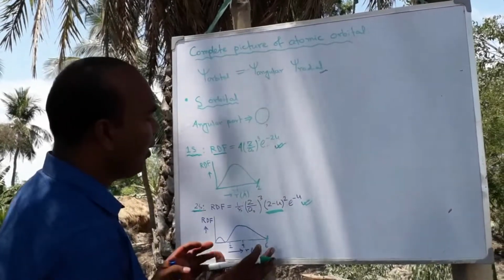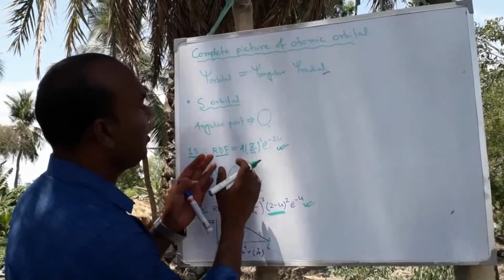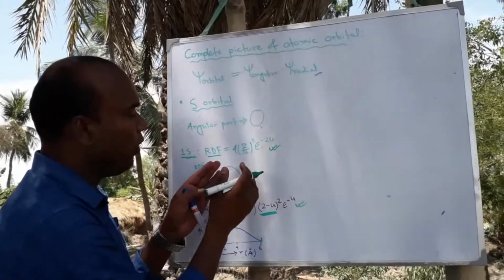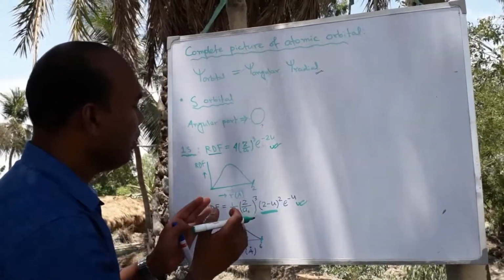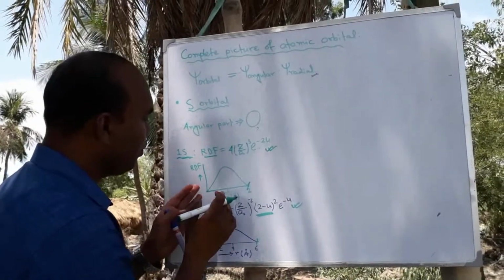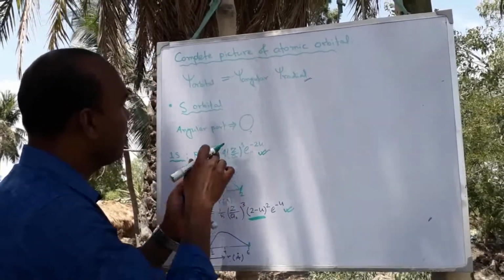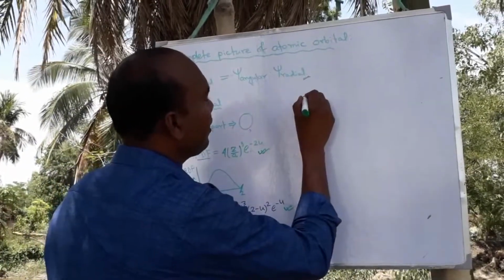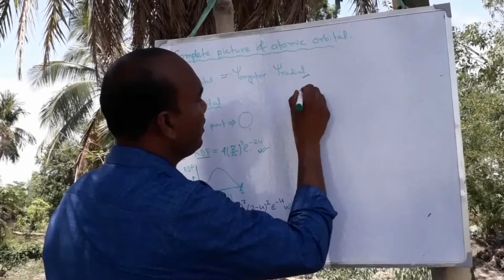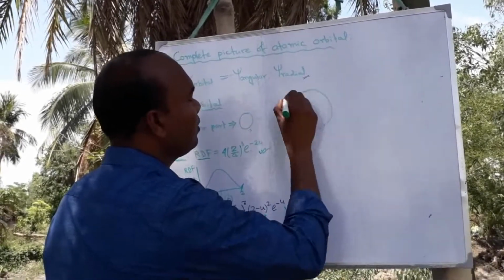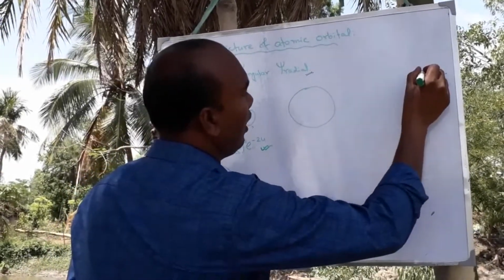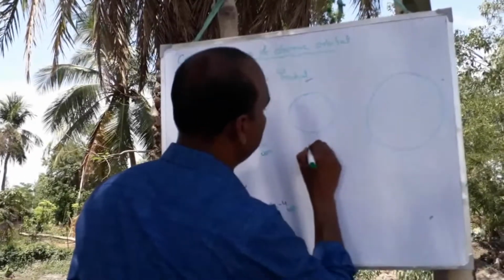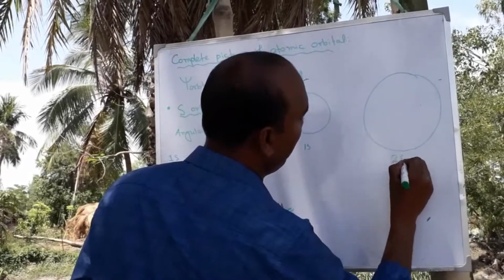So if you combine the angular part with the radial part, then what will happen? You have to plot the electron cloud density into the angular part. Then the 1s orbital will be like this. This is your 1s and this will be your 2s. Why?